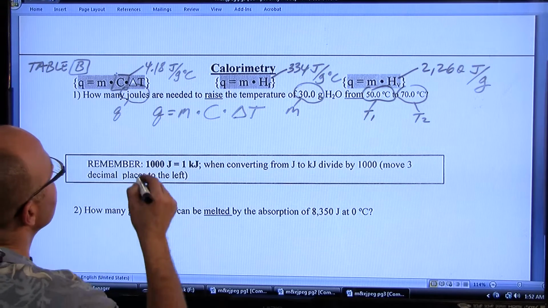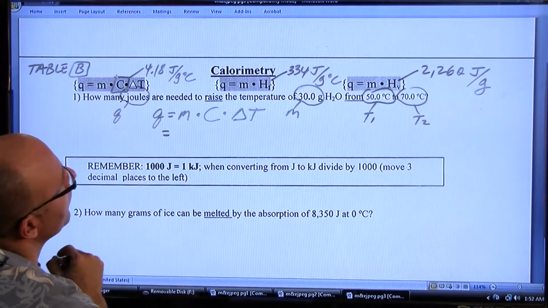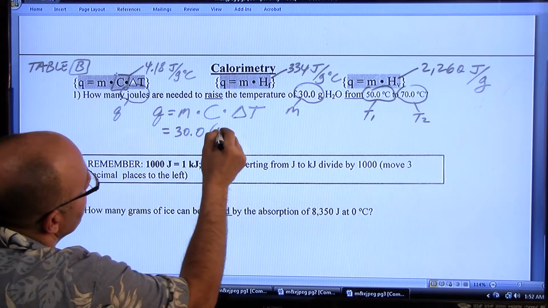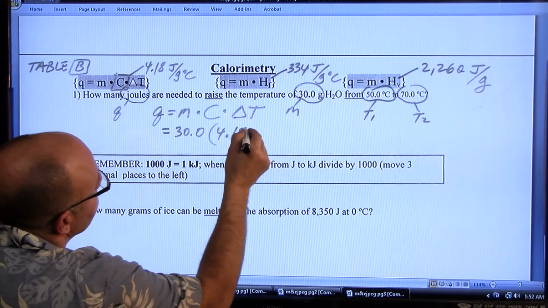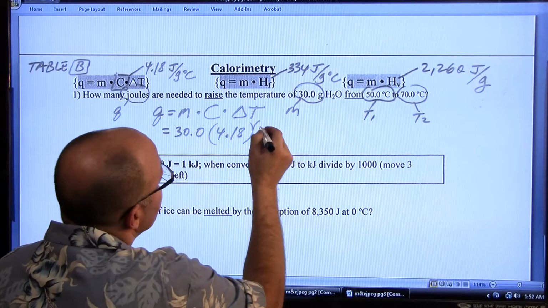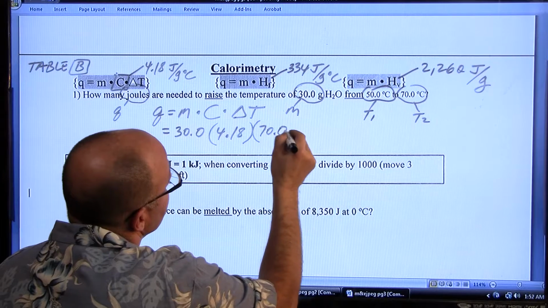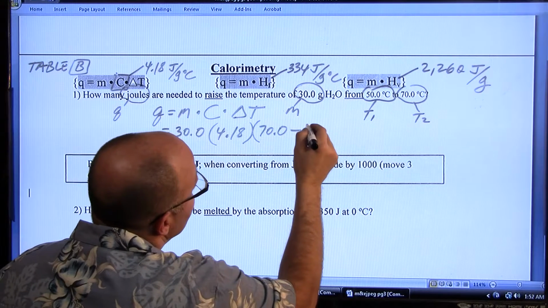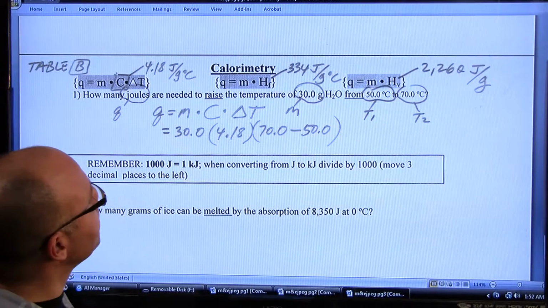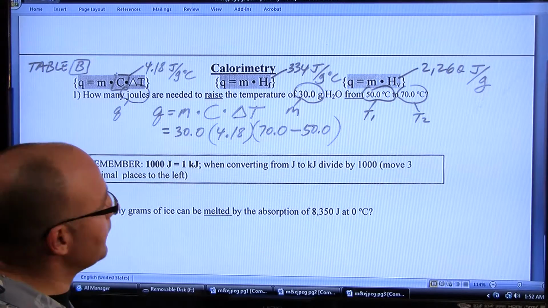And in this case, the Q is the unknown, so let's solve for it. It would be 30.0 times 4.18 times, in this case, T2, 70 degrees, minus T1, 50 degrees. It's always T2 minus T1, which means you can get negatives here.